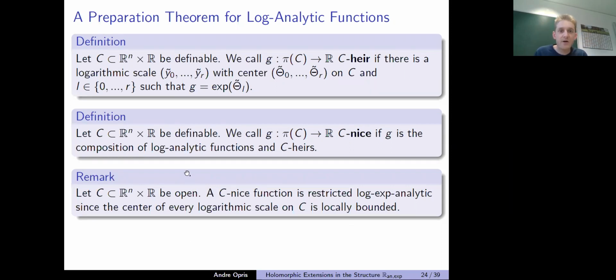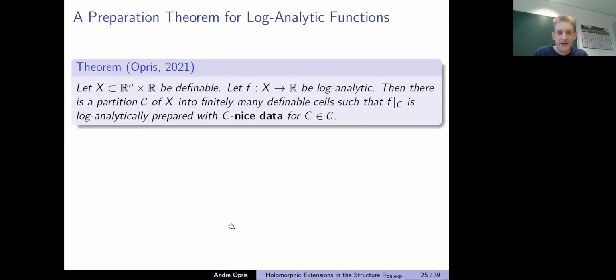Proceeding from this preparation theorem, or from these considerations, I could prove in my PhD thesis the following result.